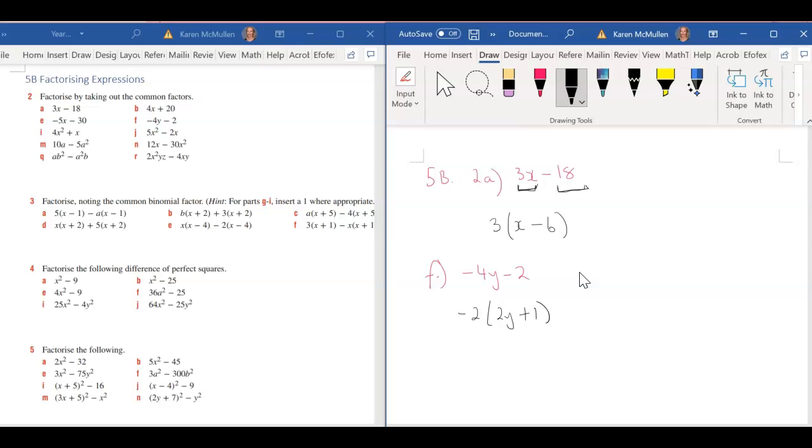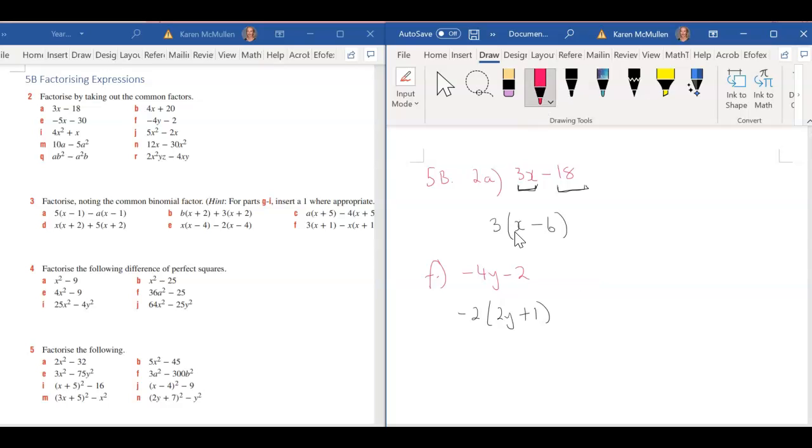Just 1. Now, obviously you can take out positive 2 as a common factor. It doesn't really matter, but usually we make whatever is inside the bracket the easier thing to deal with, and sometimes negatives make things difficult. If you ever want to quickly check your answer, and it's a good idea, just quickly expand. Negative 2 times 2y is negative 4y, negative 2 times 1 is negative 2.